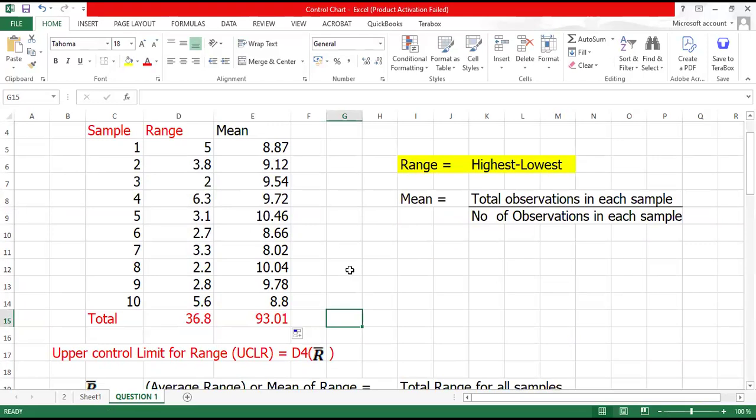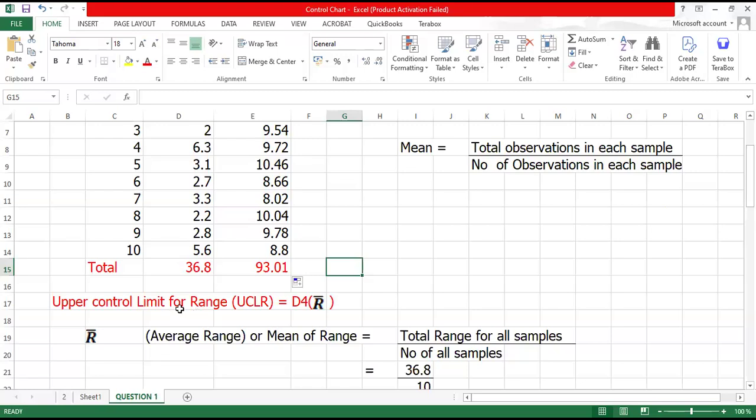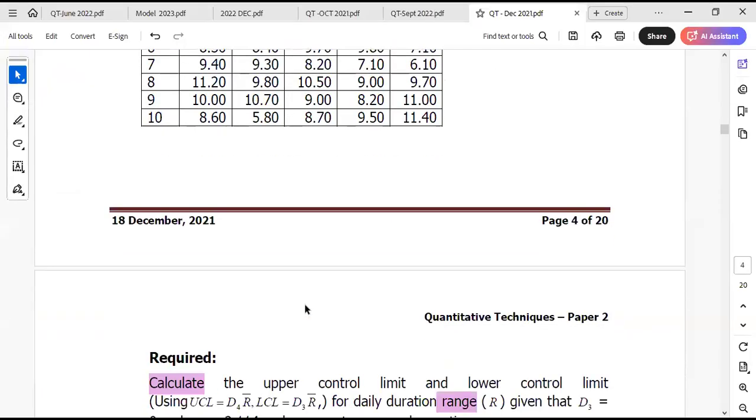Okay. So the question is, we compute the upper control limit for range. You saw from our formula, even the examiner, December 2020, December 2021, gave you the formula.